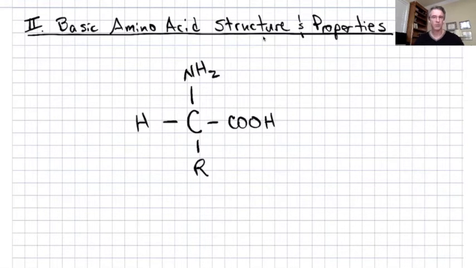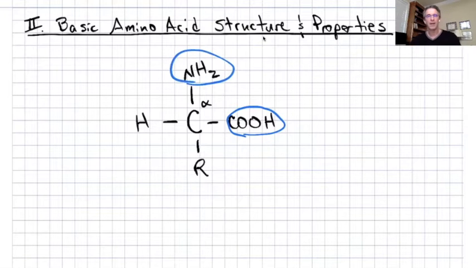So that central carbon is, of course, known as the alpha carbon, and amino acids are then, of course, known as alpha amino acids because in reference to that carboxylate group here, the next carbon over relative to the most oxidized carbon, in this case that carboxylate carbon, like I said, is known as the alpha carbon, and it has an amino group on it, right? Therefore, it is an alpha amino acid, right?